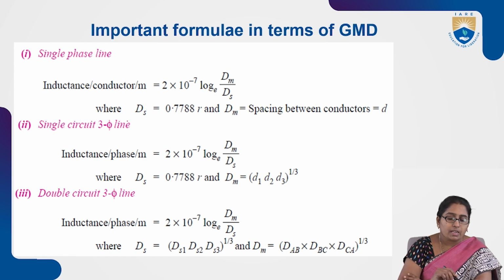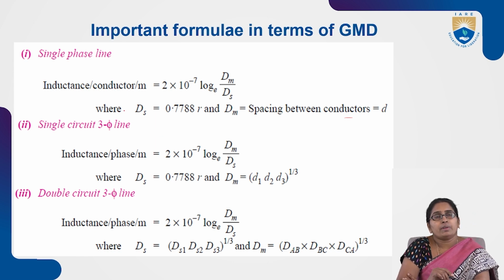For a single phase line, Dm is simply the spacing between the two conductors, capital D. Next, Ds is the self GMD. For a single phase line, it is given by R dash, I hope you remember, 0.7788 into R. That is for the single phase line.